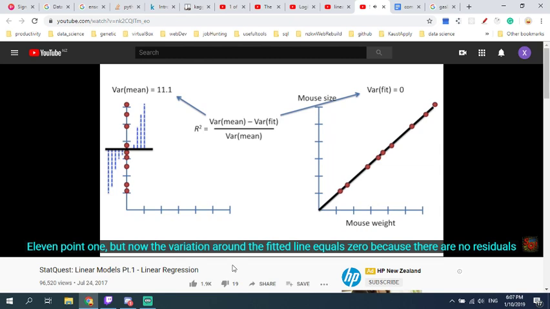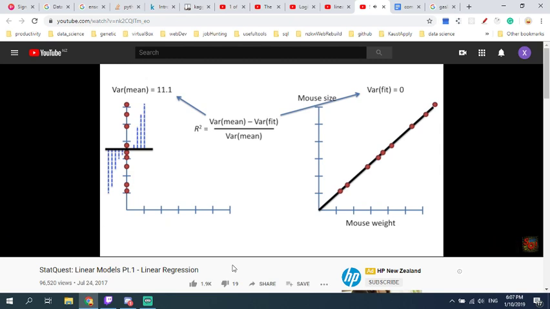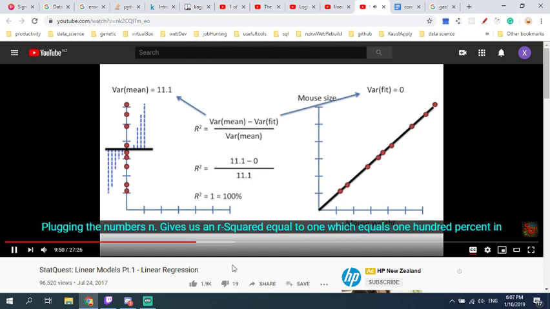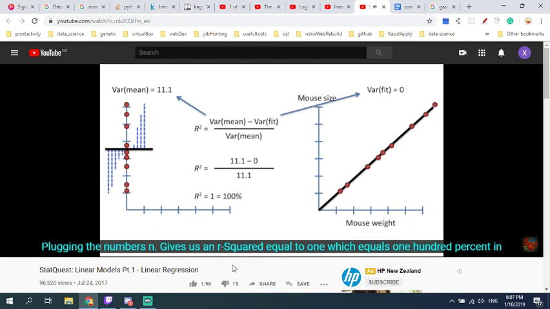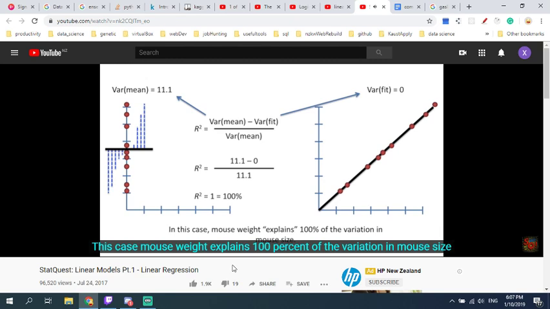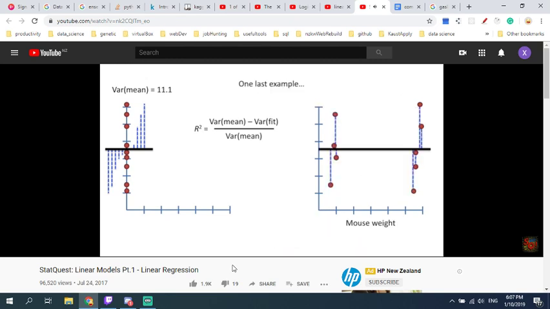But now the variation around the fitted line equals 0 because there are no residuals. Plugging the numbers in gives us an R squared equal to 1, which equals 100%. In this case, mouse weight explains 100% of the variation in mouse size.